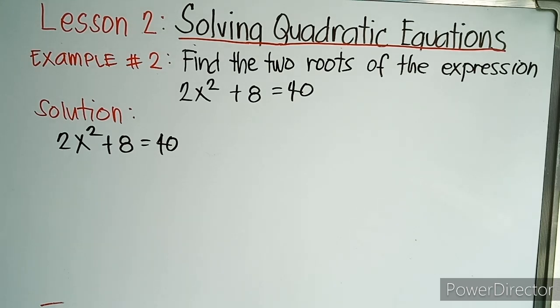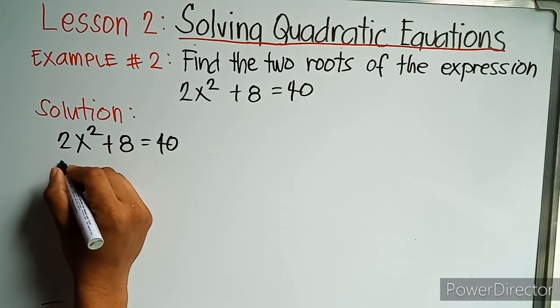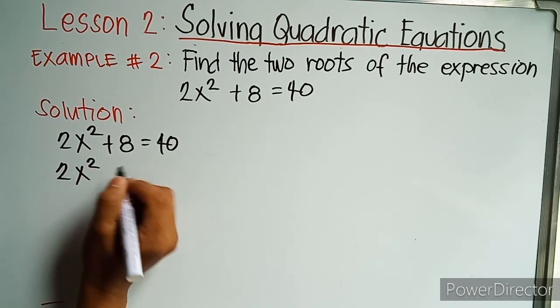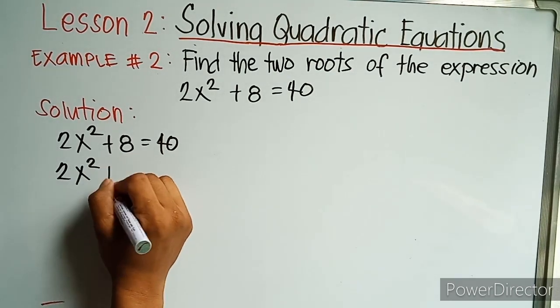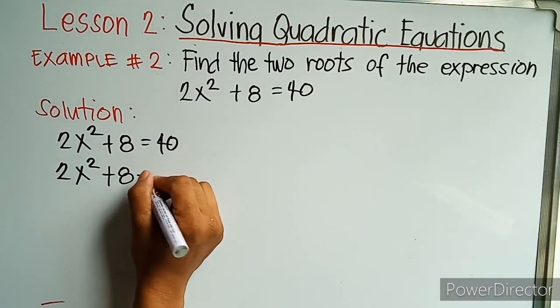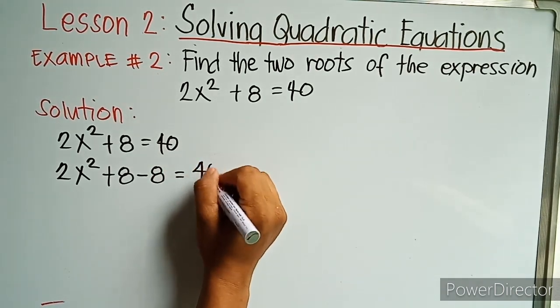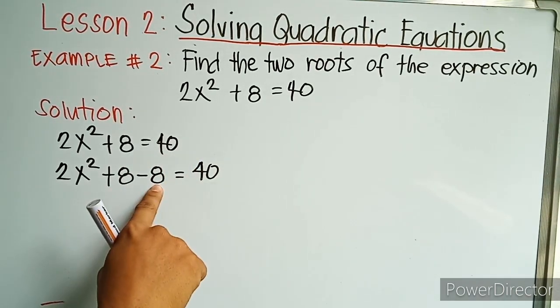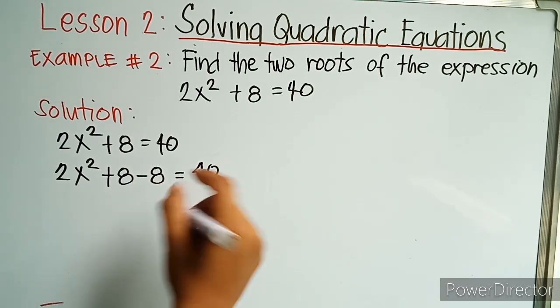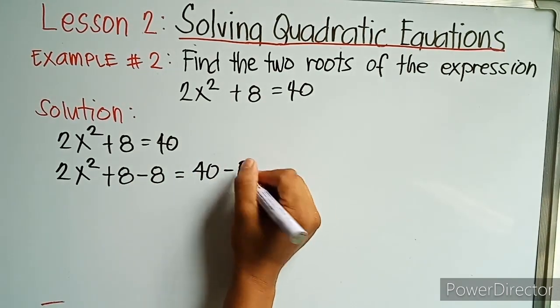So, we will have 2x squared equals 40. To eliminate, the additive inverse of positive 8 is negative 8. Kung anong ginawa sa left side, gagawin din sa right side. Nag-minus ng 8, magma-minus din ng 8.